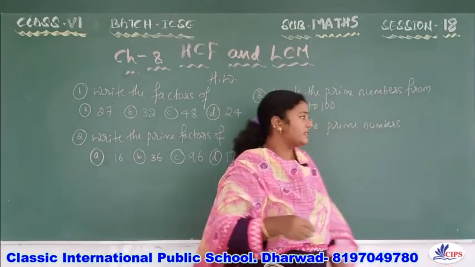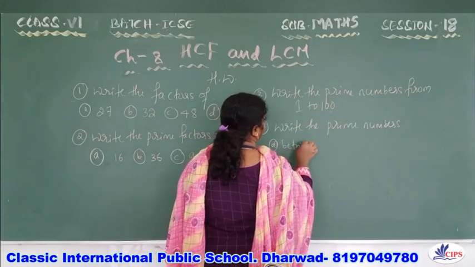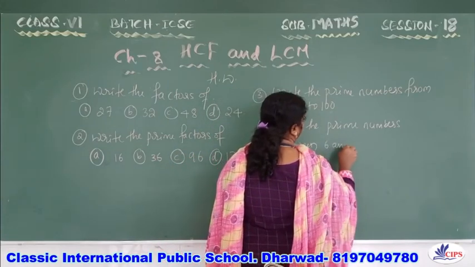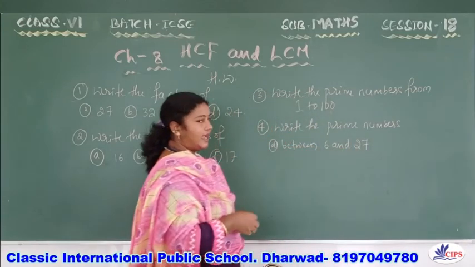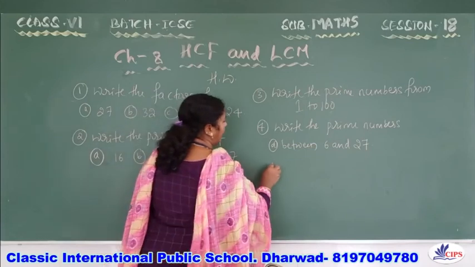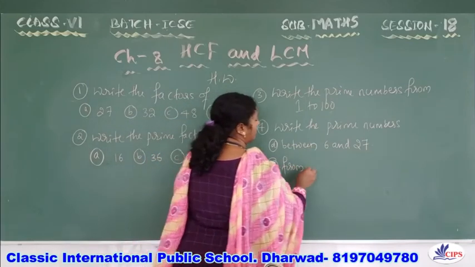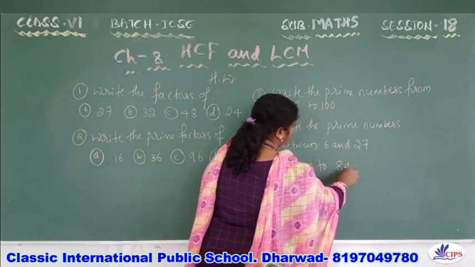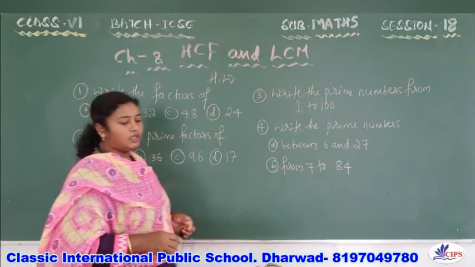First one in this, A, between 6 and 27. And one more I am giving, from 7 to 84. So all these sums you are doing in your homework book.